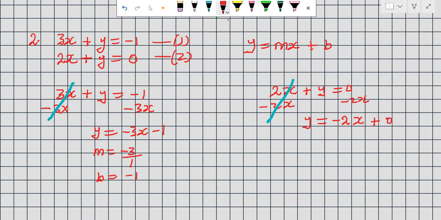So the slope m is equal to -2, that is -2 over 1, while the y-intercept, which is b, is equal to 0, the origin. Okay, so we have this information already. Yes, this is the slope-intercept form.